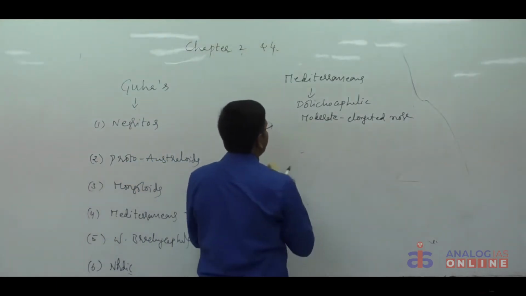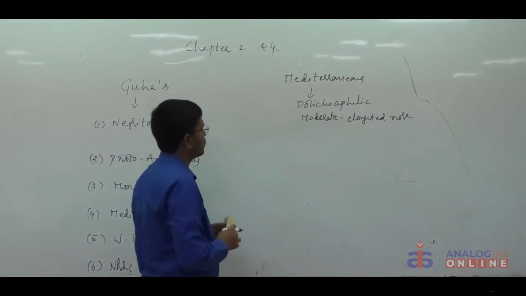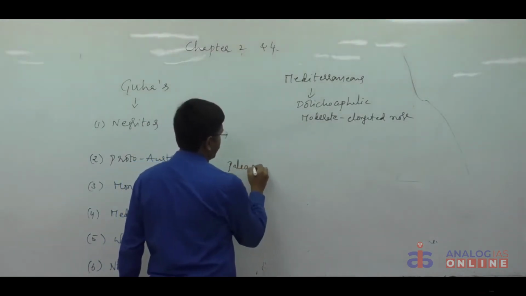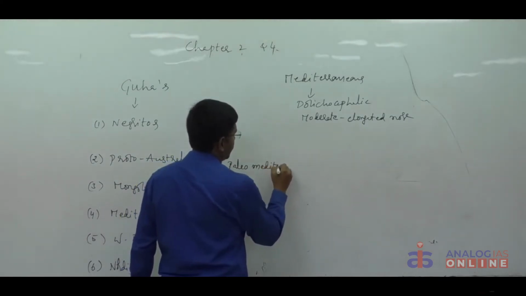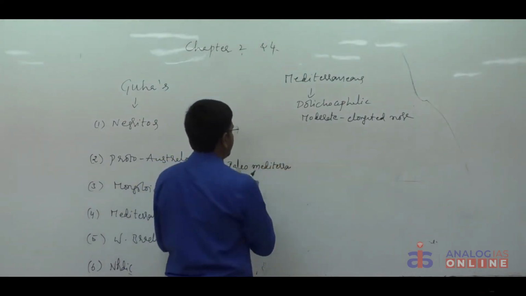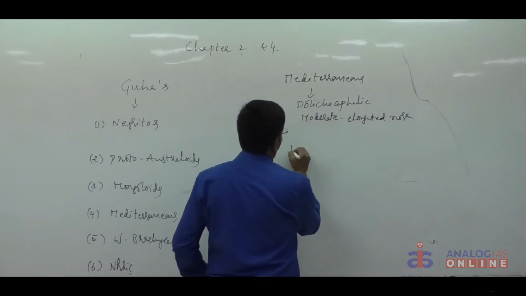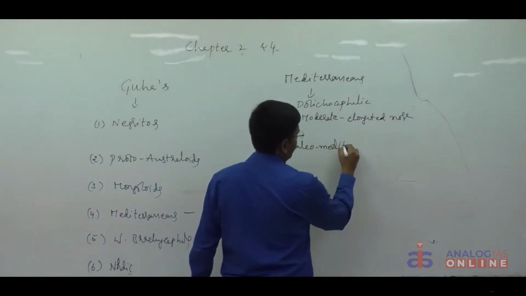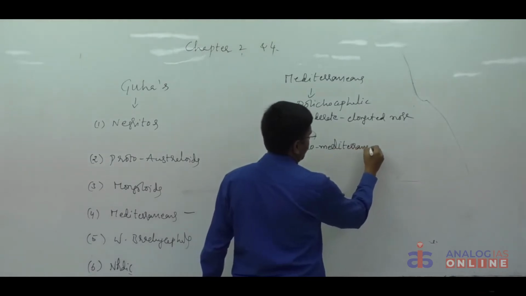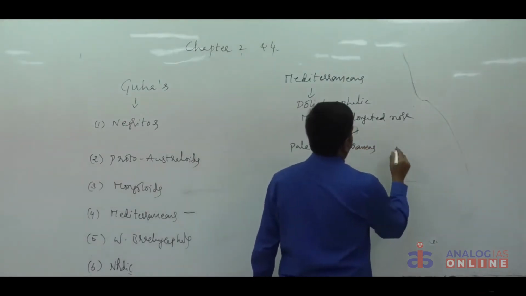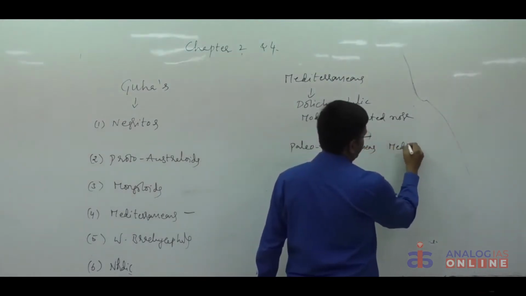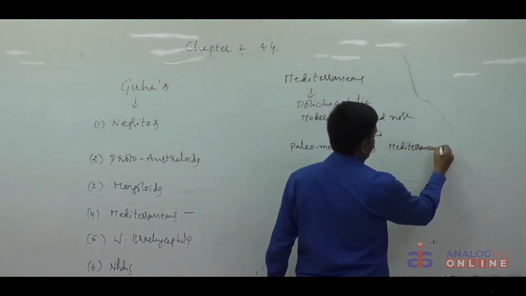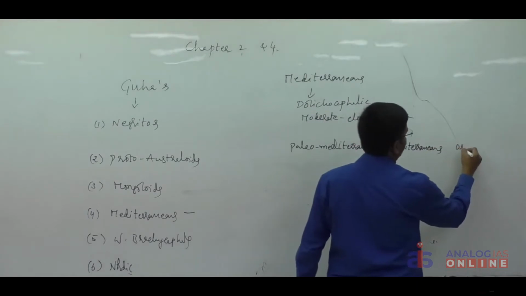Again, these people are divided into three elements. They are Paleo-Mediterraneans, Mediterraneans, then Oriental.